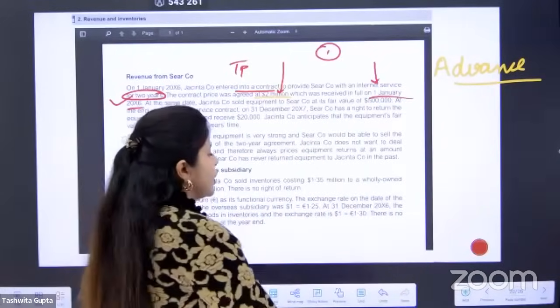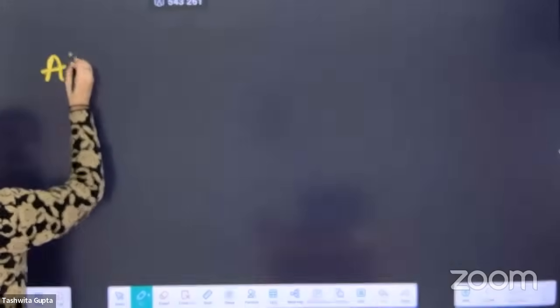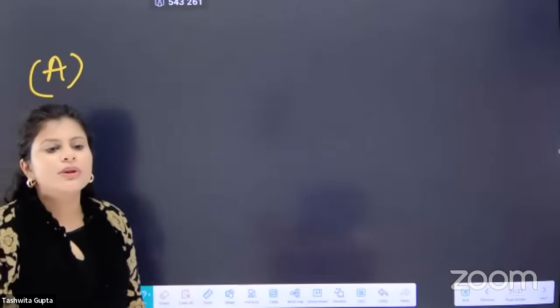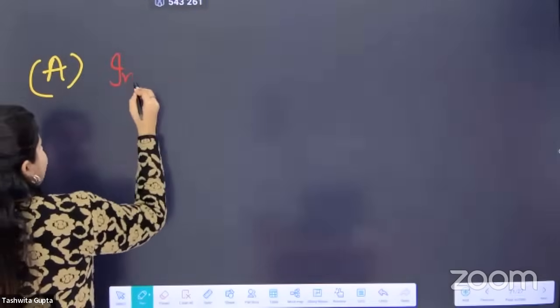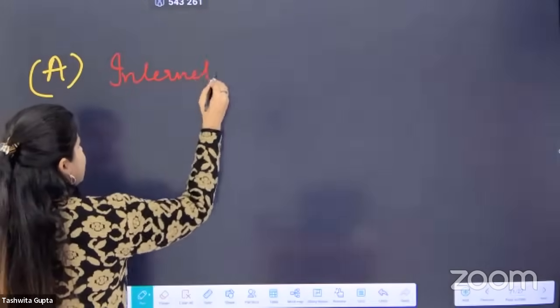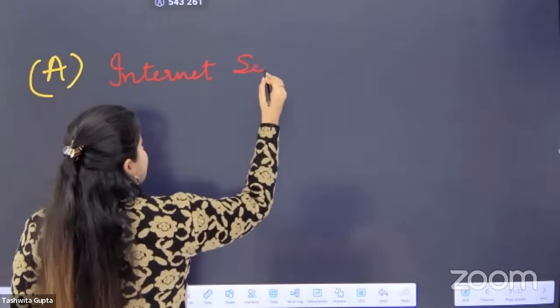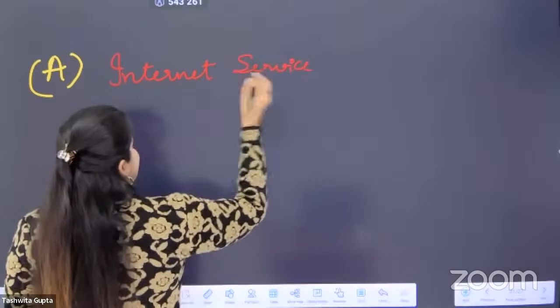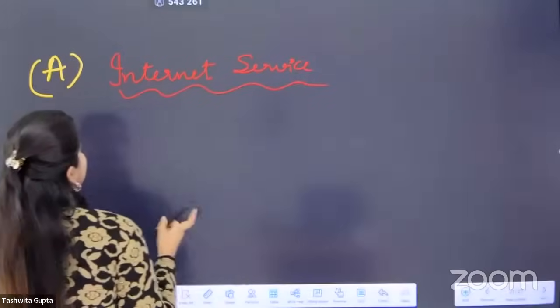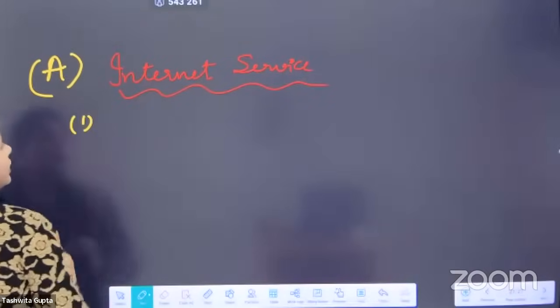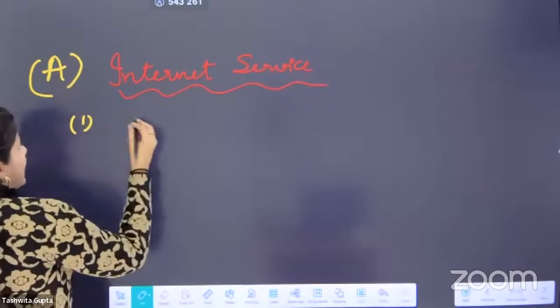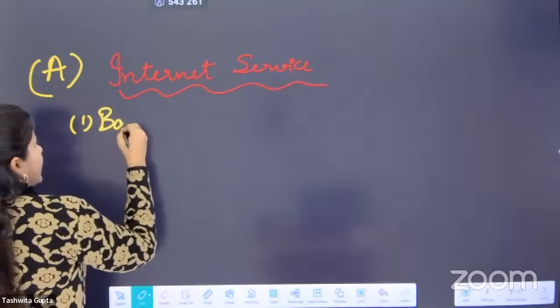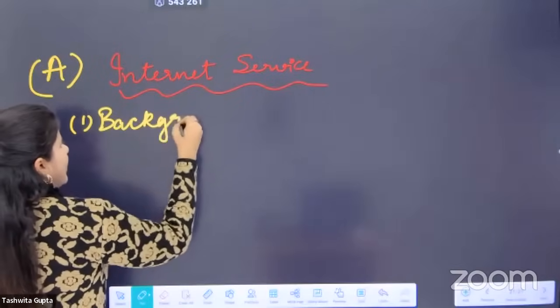So in my brainstorming, what point will I write? First, I'll give a heading in my notepad. I'm talking about your self-practice, not your actual exam. So you'll give the heading internet service. And in that, the first point, you're going to write the background.